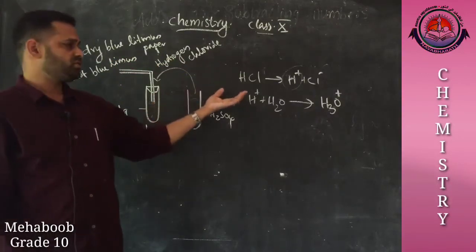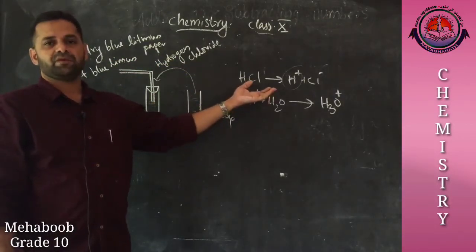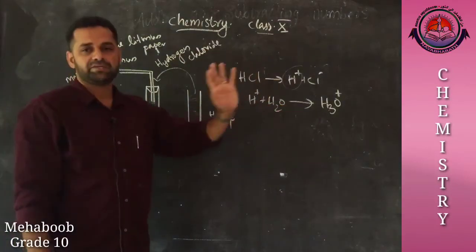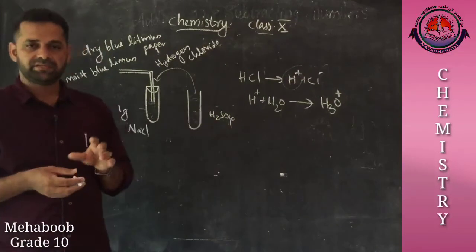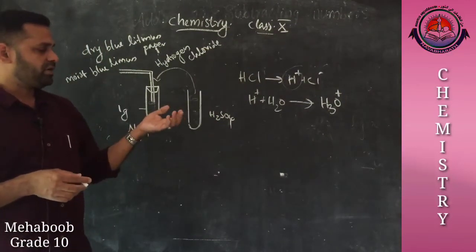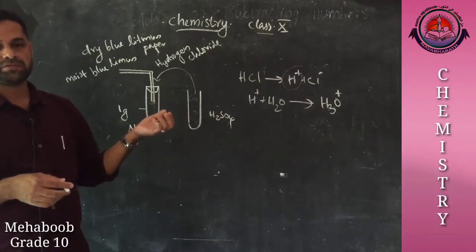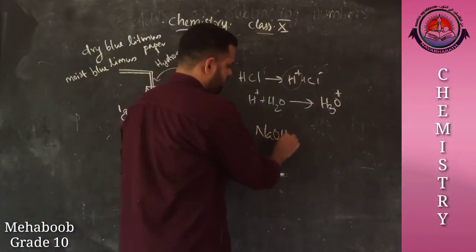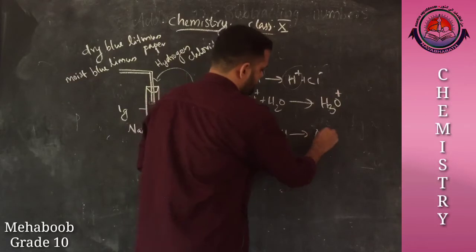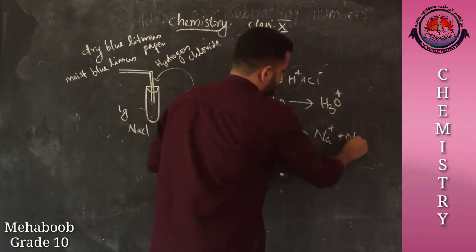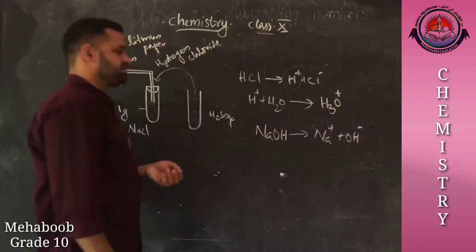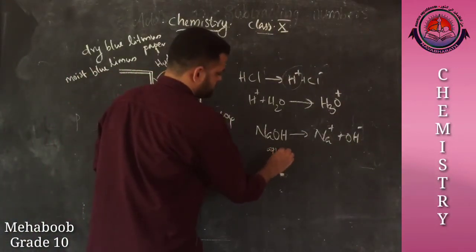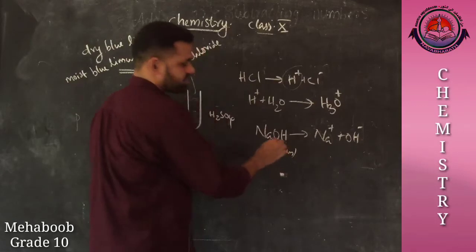Ionization occurs in the presence of aqueous solutions, and the same happens in the case of bases. In bases also, ionization takes place in the presence of water. If it is sodium hydroxide, how does it ionize? It ionizes to give Na+ and OH- ions, and this ionization takes place in the presence of aqueous solutions.